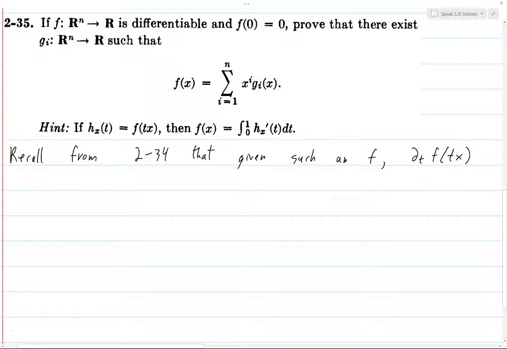What we did in that exercise is use that theorem to compute that this can be written in this form: we take the ith coordinate of x and multiply the derivative in the ith direction of f at tx.